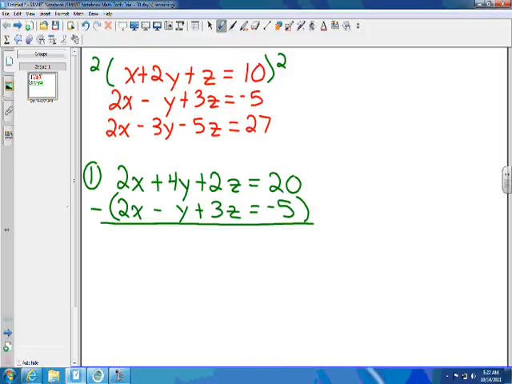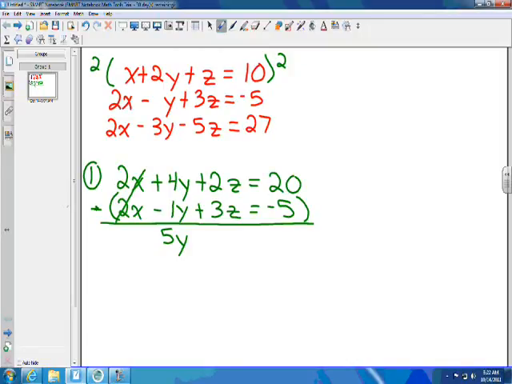And we know that 2x minus 2x does in fact cancel. Here again is where I really encourage you to put the pencil point right on the sign. 4 minus negative 1 would become 4 plus 1, which is 5y. I cannot stress that enough because some of you will still just go 4 minus 1 and get 3 there. Okay? Must think about this sign out here.